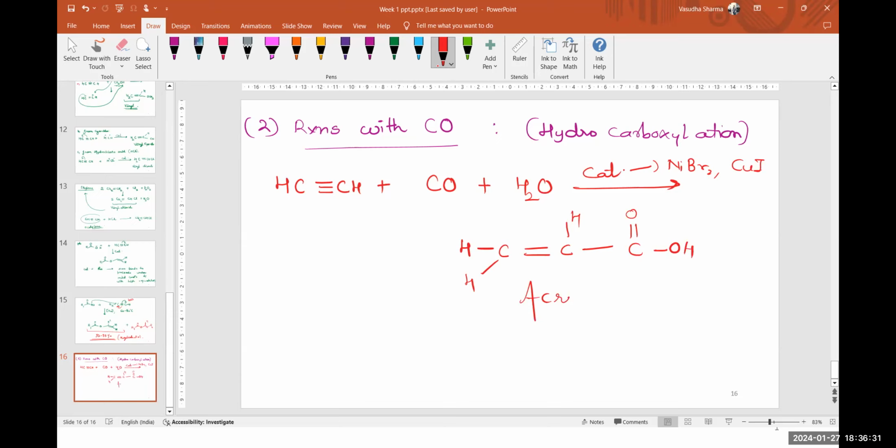This is your acrylic acid. This can also be termed as vinylation because this product is still a vinyl group, but this is specifically known as acrylic acid.